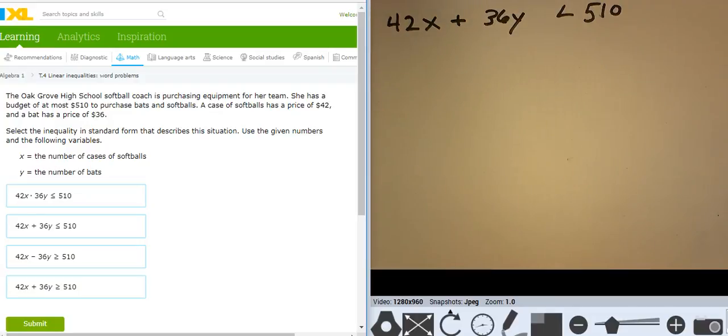Which one matches up? Less than or equal to, that's a good one. 42x plus, oh, that's not plus though, that's times. 42x plus 36y, I think it's that one right there. Yeah, because this one's greater than 510. I have to stay less than 510. Right there.